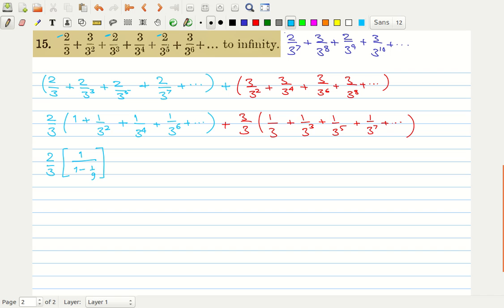So this is the sum of the first part. 3/3 is actually equal to 1, so this is 1/3 times 1 divided by 1 minus, the common ratio is again 1/9, right?